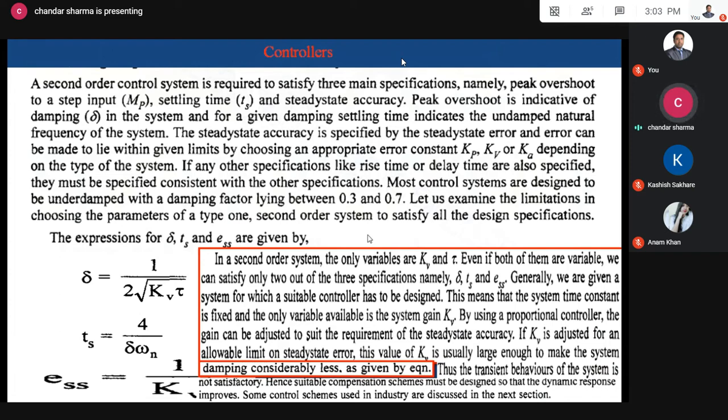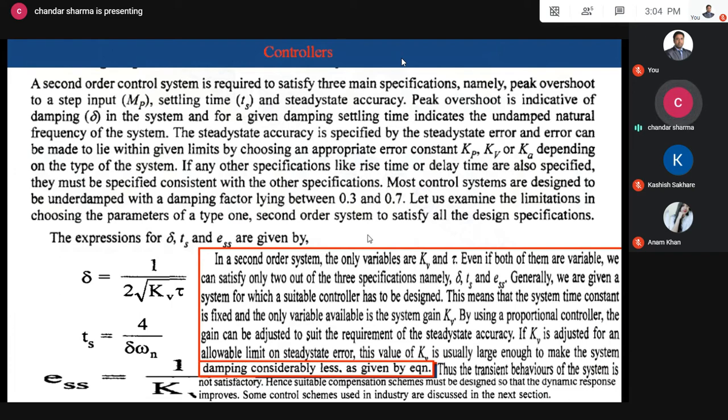In other words, the value of damping ratio should be larger, because Mp depends on the damping ratio, and settling time depends on the damping ratio. The system is said to have a satisfactory steady state response if it has a lower value of steady state error, that is ESS. Most of the time, the system does not have a satisfactory transient response and a satisfactory steady state response.